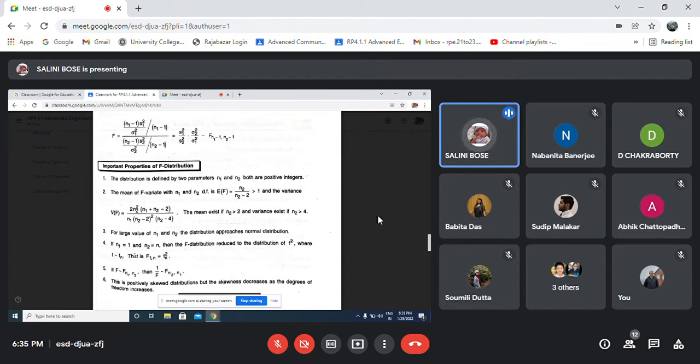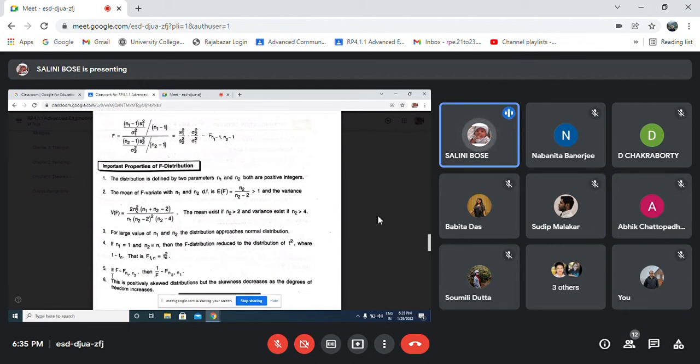So this is very important. In the F distribution, when the degrees of freedom are 1 and n, then it follows the t distribution with degree of freedom small n.